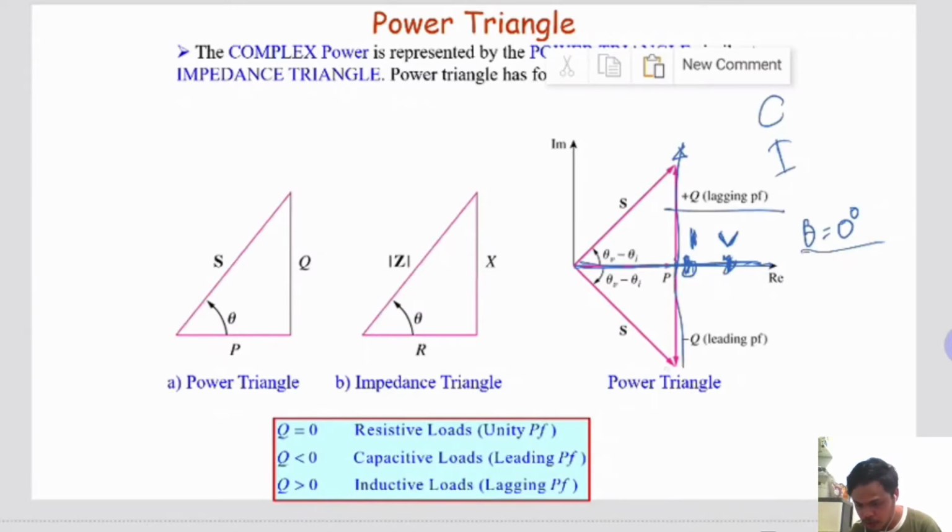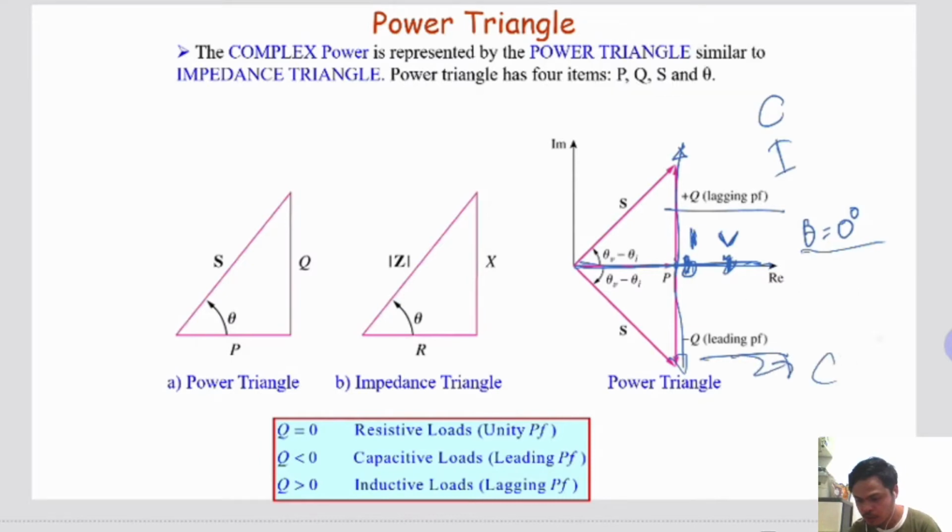For decreasing Q, we have leading power factor. This is for a capacitor, or a capacitive circuit, and the other is for an inductive circuit. For Q equals 0, you have a resistive load or unity power factor.